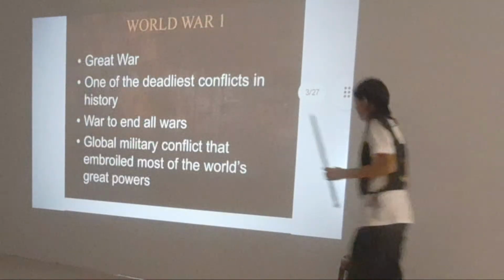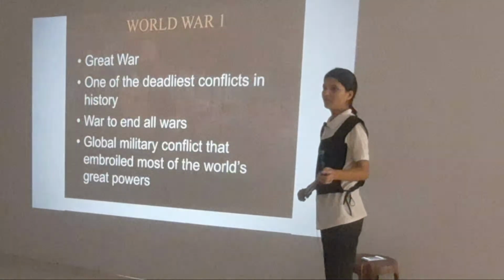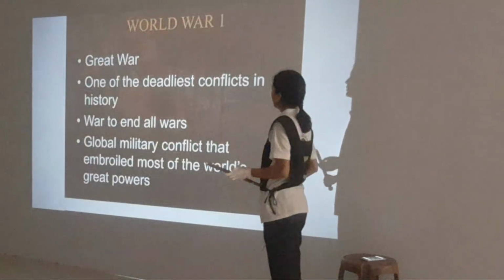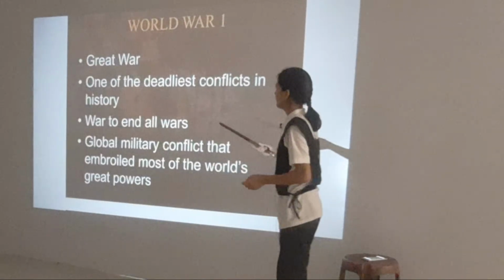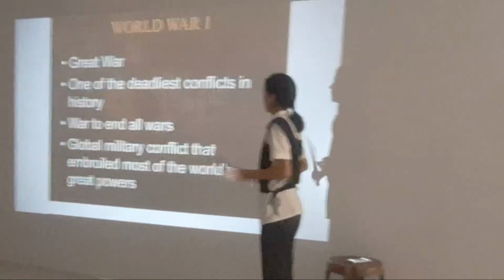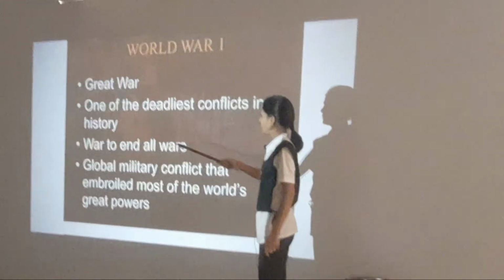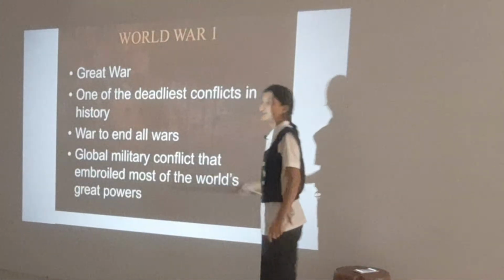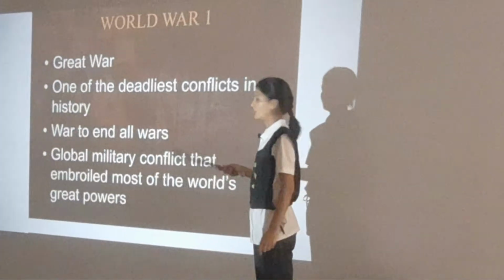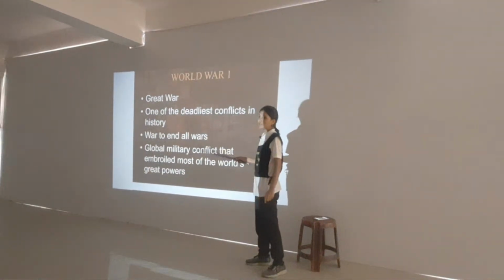World War I started in the year 1914, and that was the turning point in the world's history. World War I was the Great War, and it was the deadliest conflict in history. Though it was considered then that it would be the war to end all wars, later we got to know that World War II also followed World War I. In World War I, all the global militaries were involved.